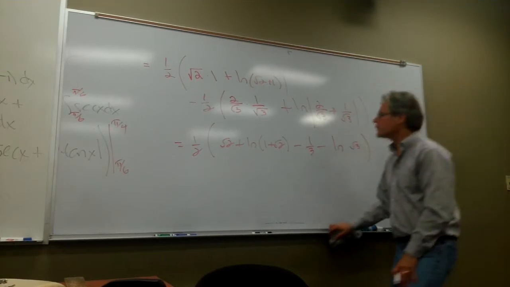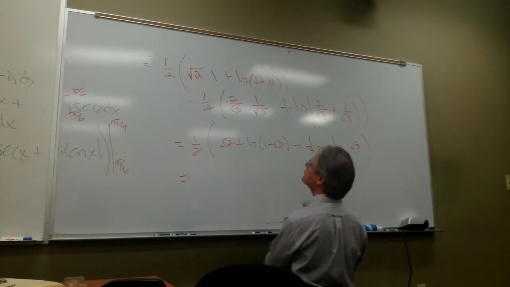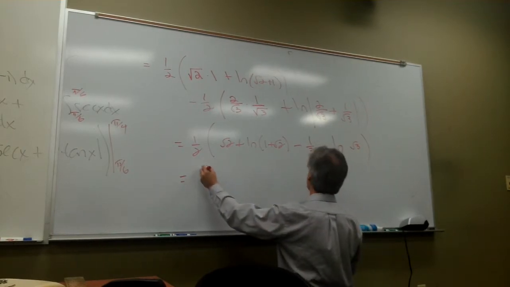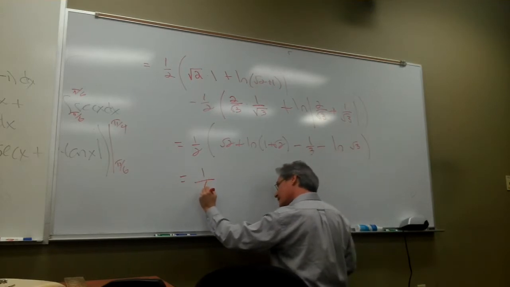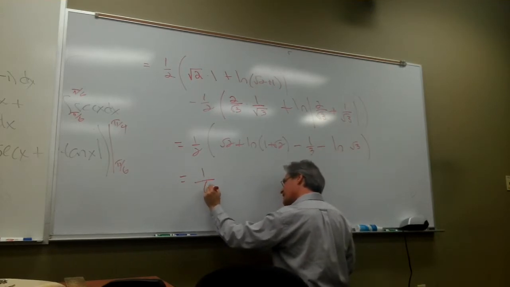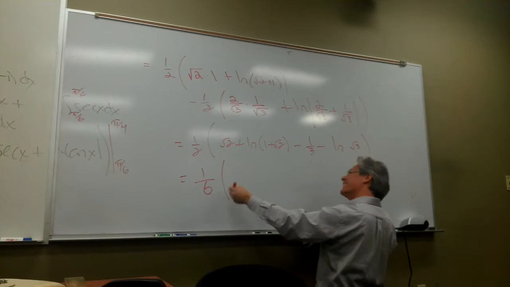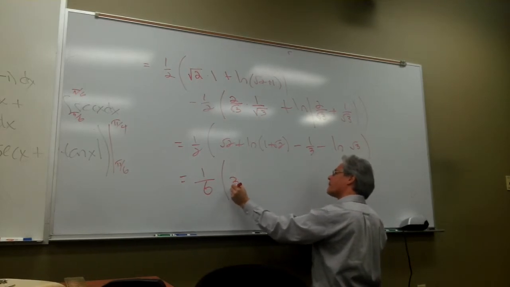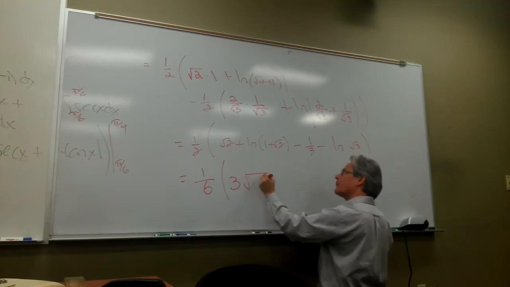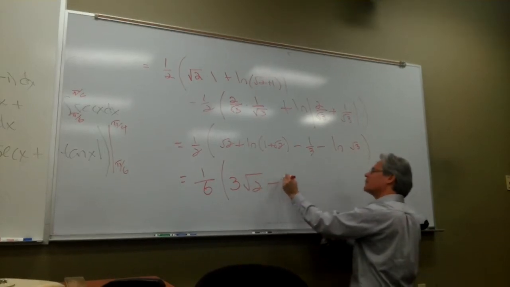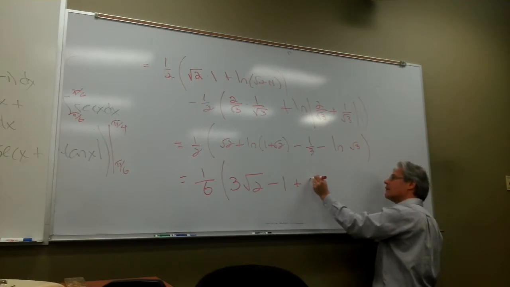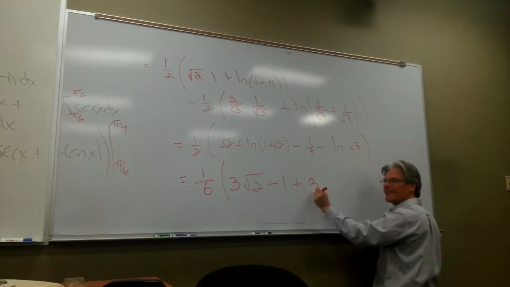Or can we write this differently? Guys, can we write this differently? Yes. Anybody? 1/2 or instead of 6, 6 times natural log of something. 3 root 2, okay, minus 1 plus 3.